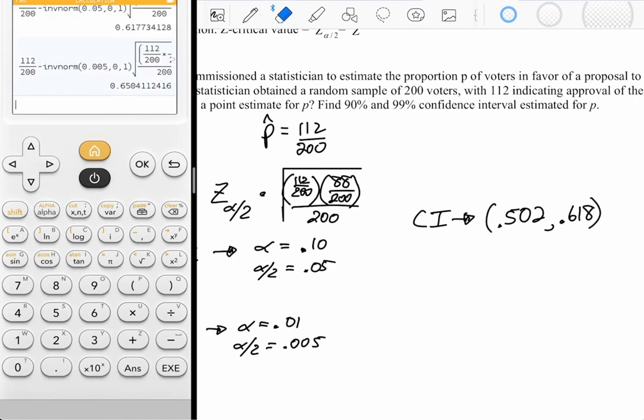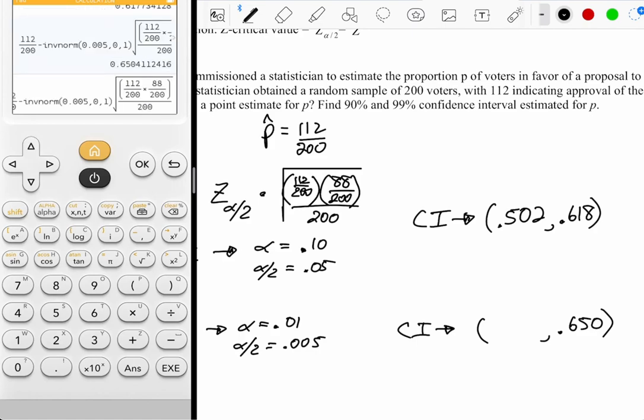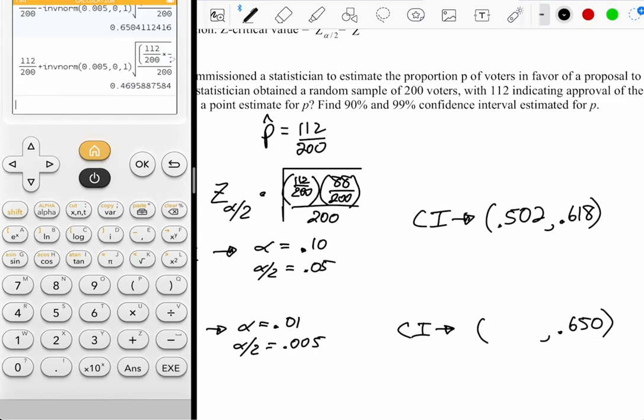So this is going to give me my high bound. And again, the minus gives the high bound and the plus gives a low bound, and that's because when we do inverse norm, it gives us a negative number. So it'd be 0.470.